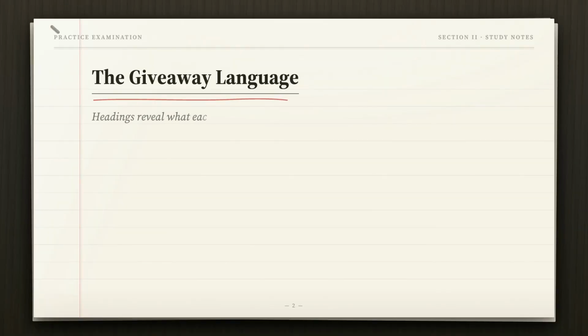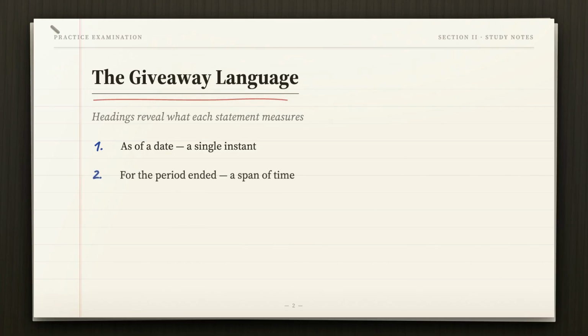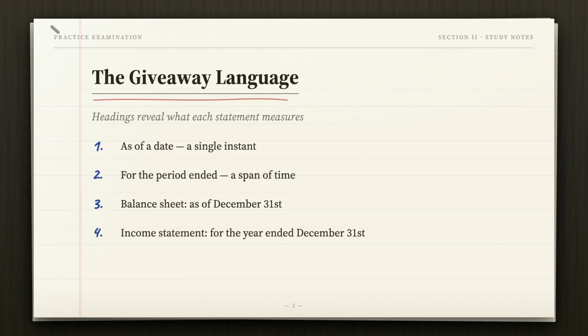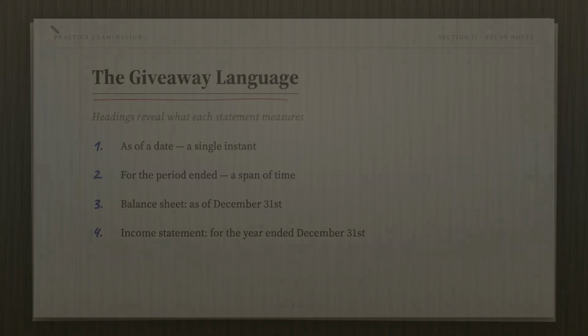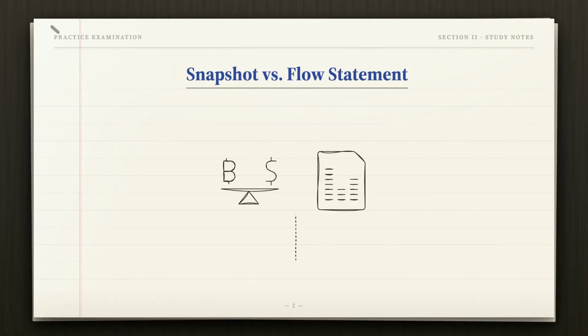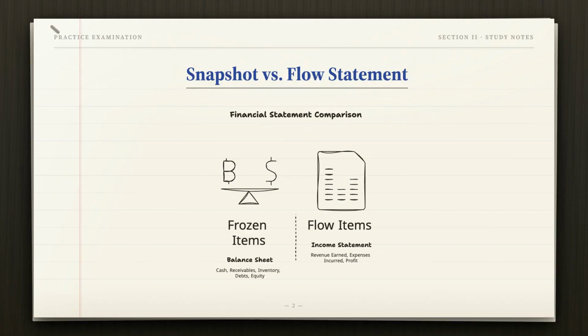The wording on each statement is the giveaway. A balance sheet is headed as of a date, pointing to a single instant. An income statement is headed for the period ended, pointing to a span, and exam questions often hide the answer in that exact phrasing. Picture an analyst opening two files for the same manufacturer, one labeled as of the last day of the year, listing cash, receivables, inventory, debts, and equity at that final moment.